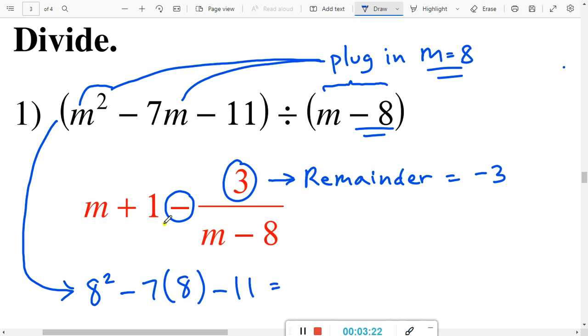So all I did was plug in positive 8, and you can do this on the calculator, or maybe I could do it in my head. 64 minus 56 is 8, minus 11 is negative 3. So notice I got the remainder without dividing. I just plugged in positive 8 in place of m, and I obtained the remainder. So basically, you just change the sign and plug it in.